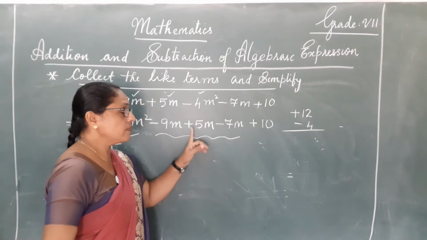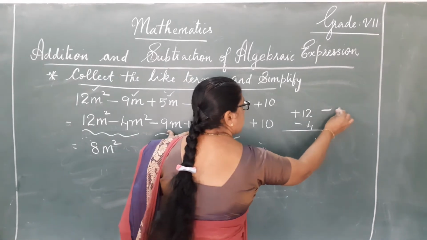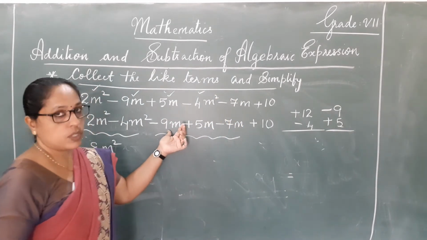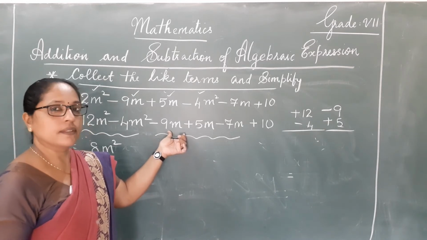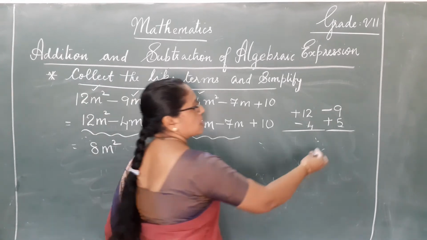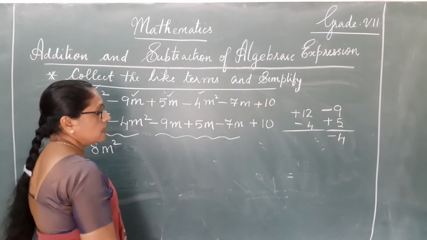Next we have 3 terms. So you take the first 2. Okay, negative 9, positive 5. Let's do that. What do you get? Yes, come on fast. Integers you have learned already. Yes, negative 4. Right?